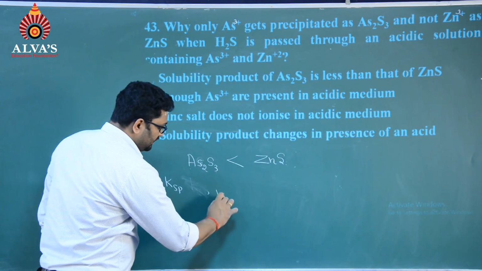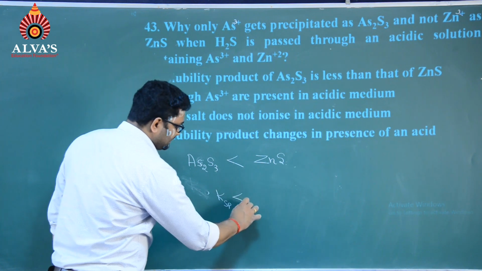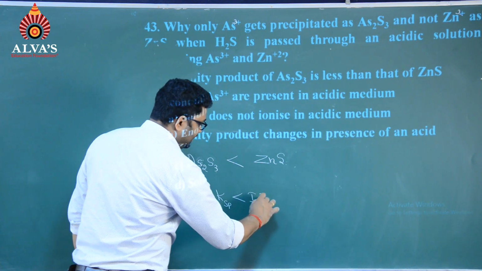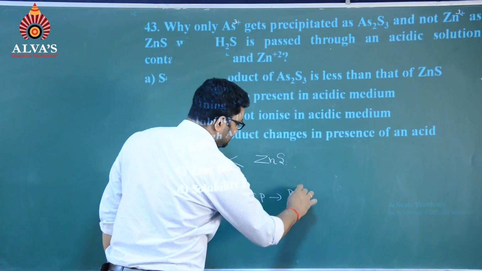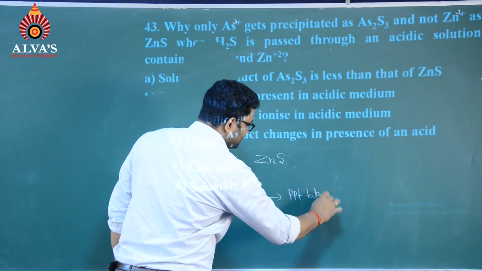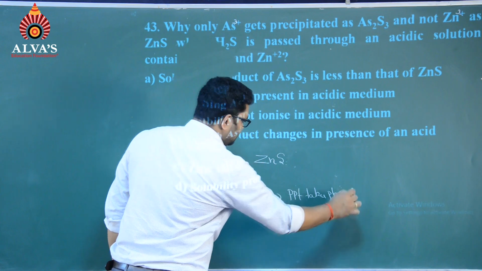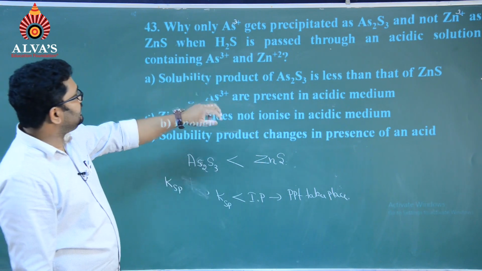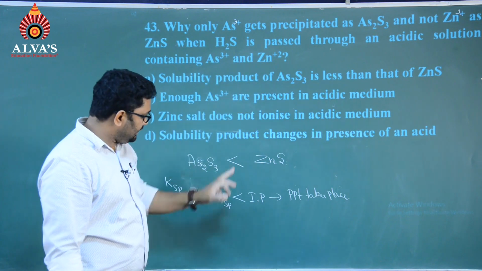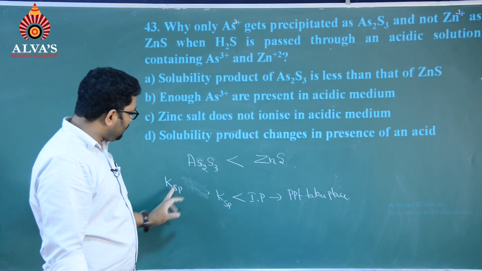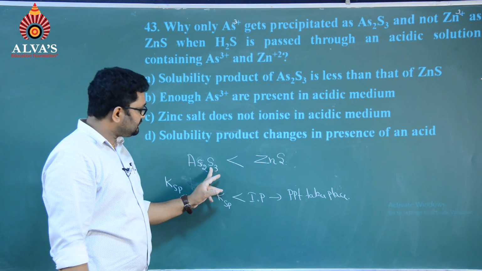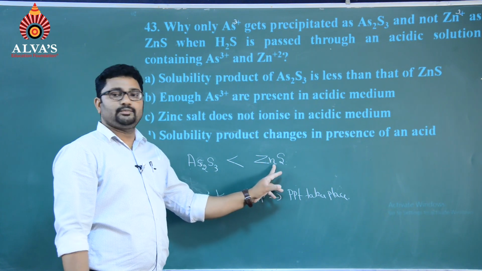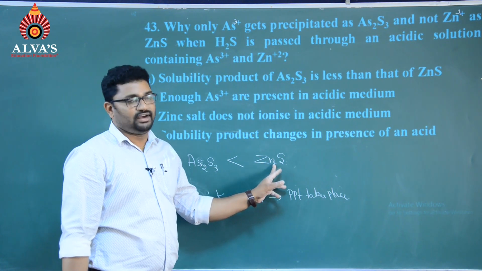When the solubility product is less than the ionic product, precipitation takes place. The main reason behind the precipitation of As2S3 rather than ZnS is that the solubility product of As2S3 is lower than the solubility product of zinc sulfide.